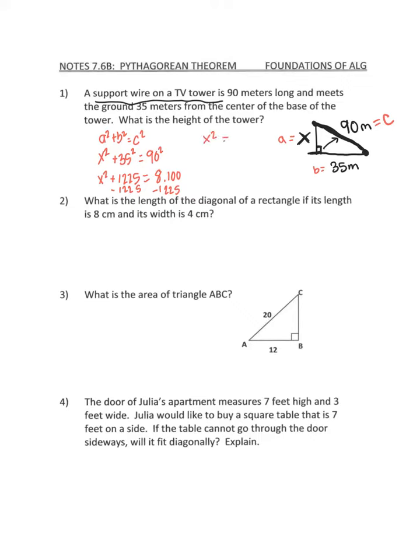And then on my right side, I have 8,100 minus 1,225, which gives me 6,875. Okay, my final step to get x by itself, I need to do the inverse. Inverse of square is square root. And when I do that, I get x is equal to 82.9 meters.